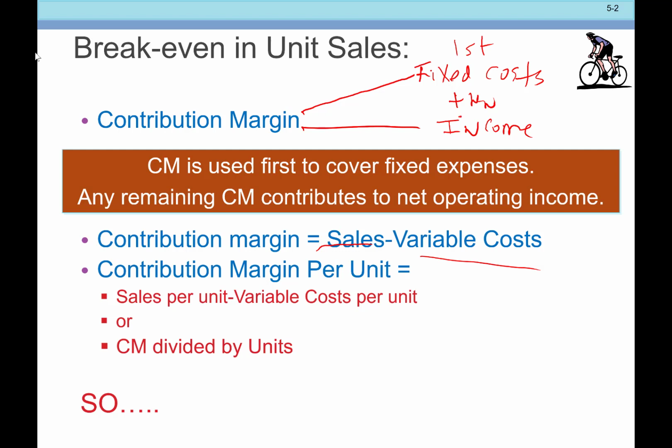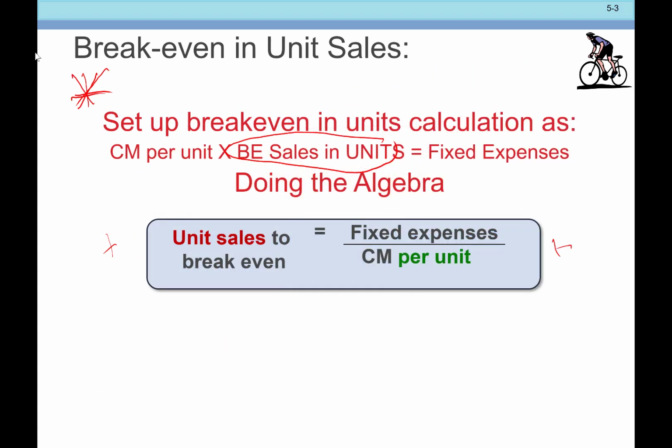Now, obviously, if a problem, homework or test question doesn't tell you the sales price per unit and the variable cost per unit, then you could take what? The total contribution margin, divide that by the units, and that will obviously give you the contribution margin per unit, right?